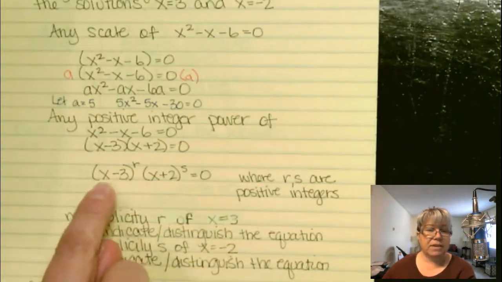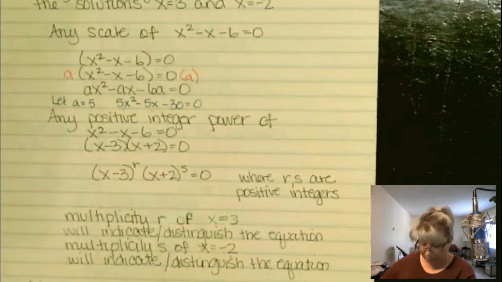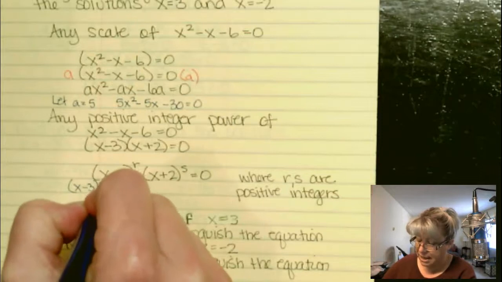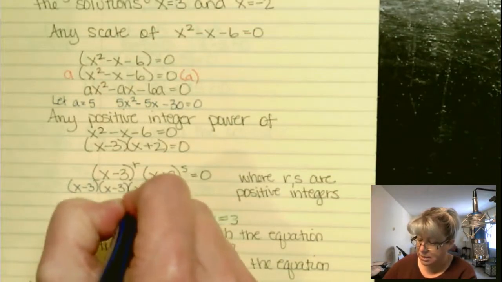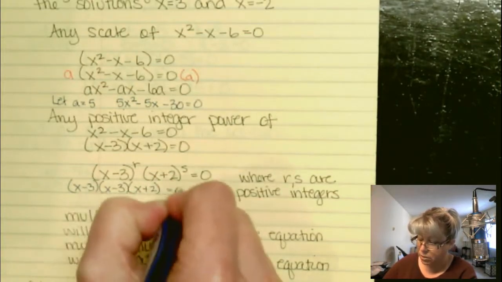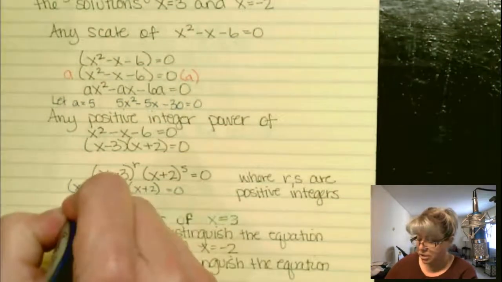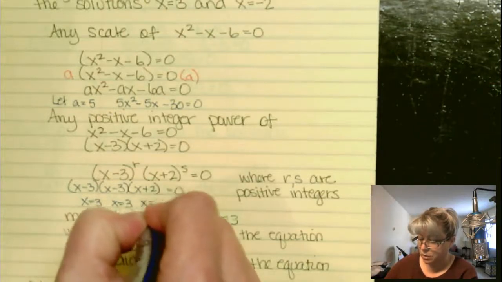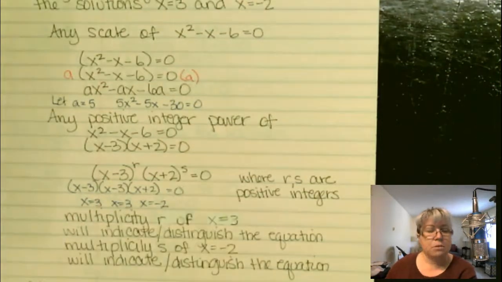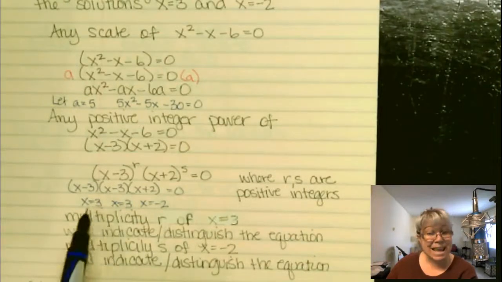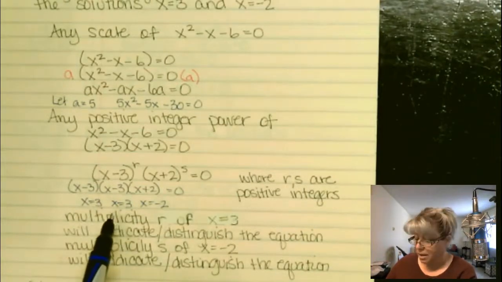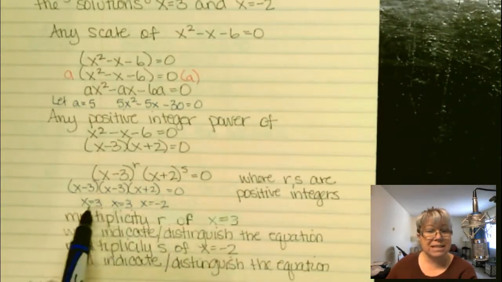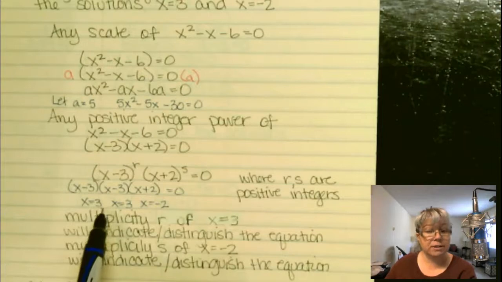If r is 2, that means I have x minus 3 times x minus 3 times x plus 2 equals 0. That means my solutions are x equals 3, x equals 3, x equals -2. The multiplicity means that I have the same value twice. Whatever power r is here, that's the multiplicity of that particular solution.